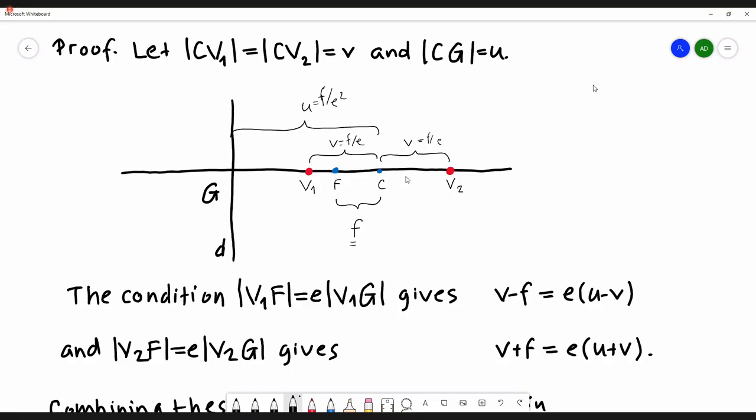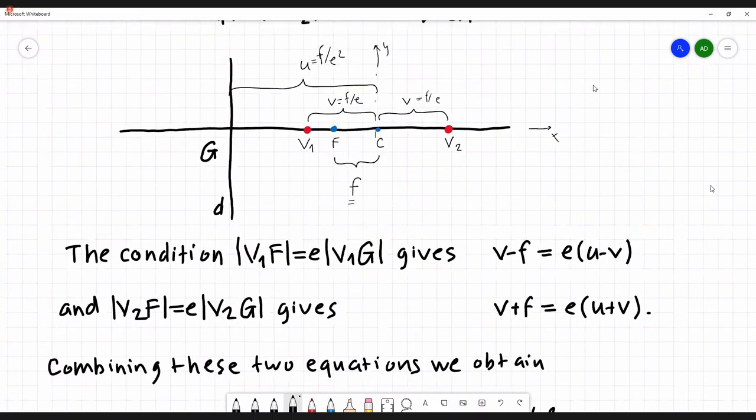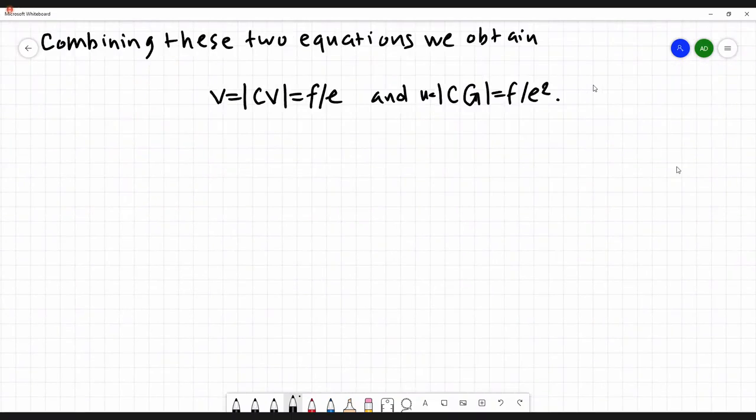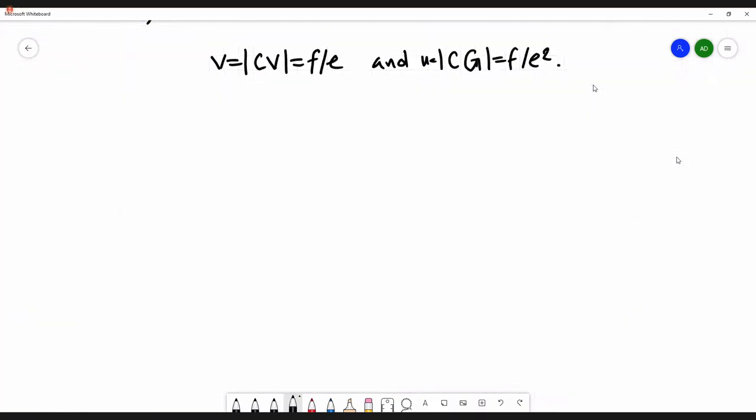So our choice will be this one to be the x-axis and the y-axis to pass through the center. So we will have this coordinate system, and we will try to obtain the canonical equation of the ellipse in that coordinate system.